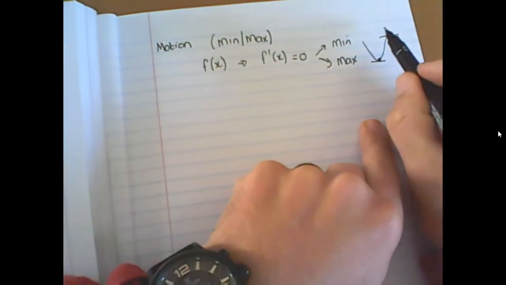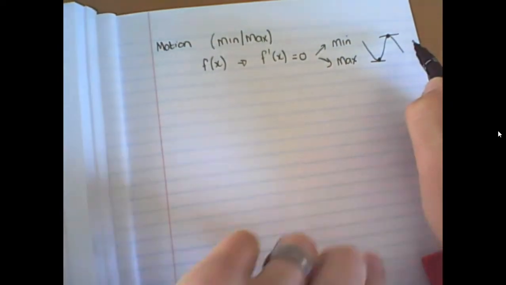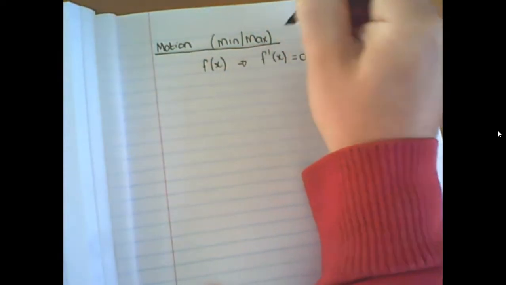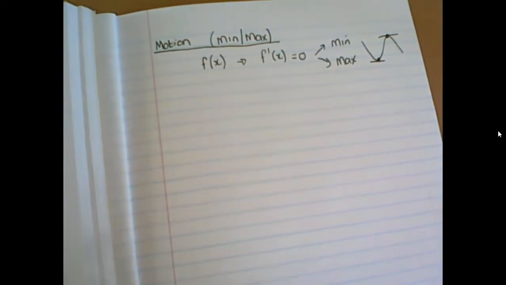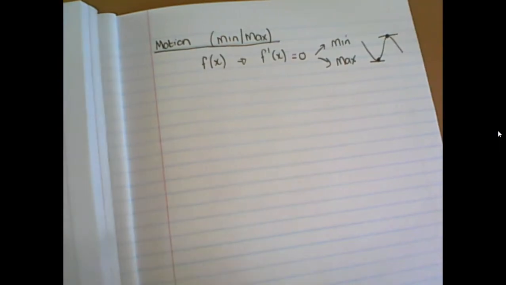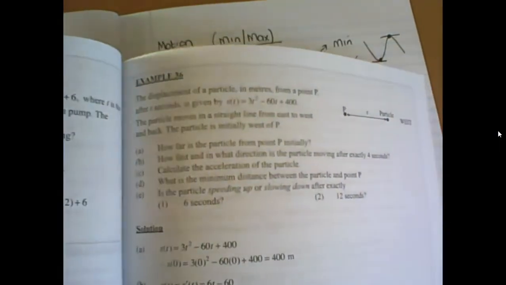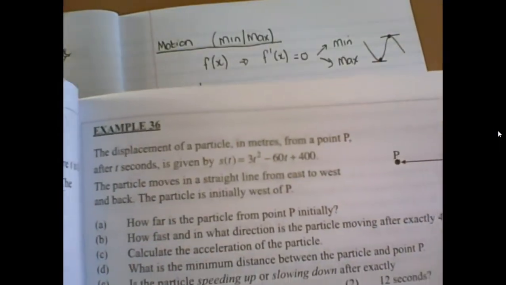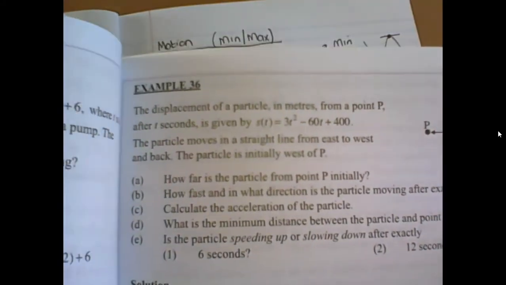Now we are going to move away from the graph and we are going to go into motion. The example that I'm doing is on page 128 in the new textbook. It says, I know it doesn't read really well, but here we go.